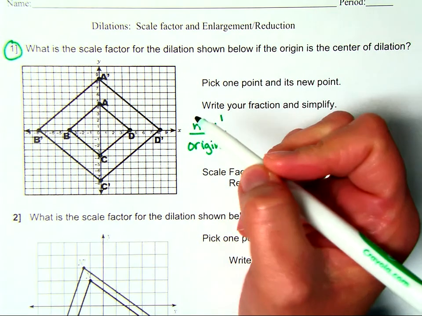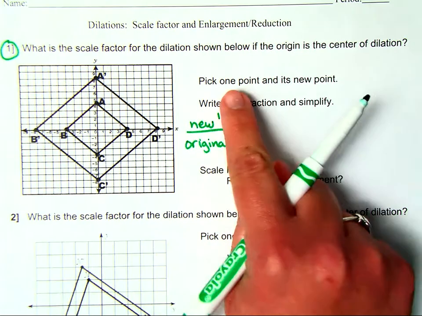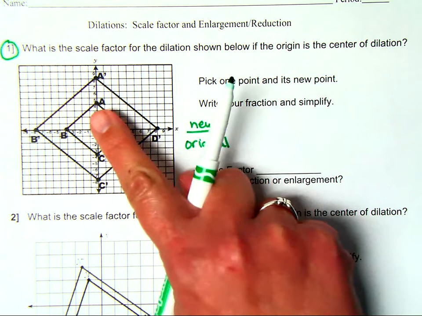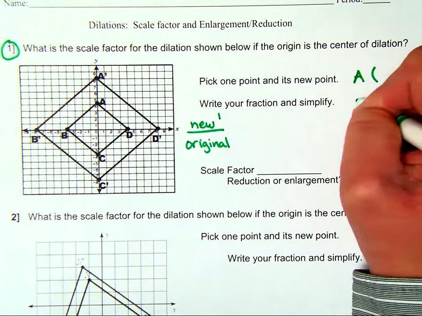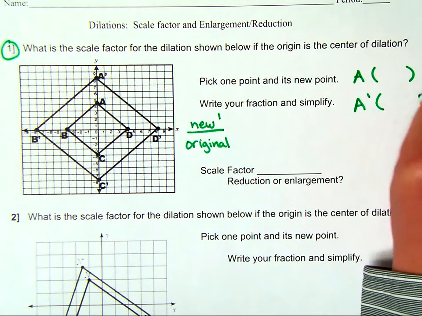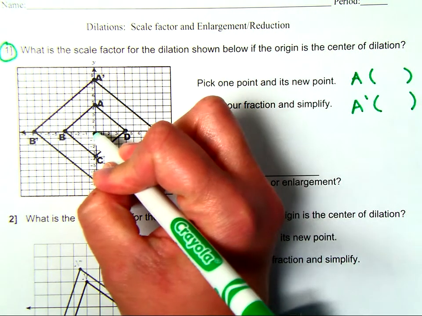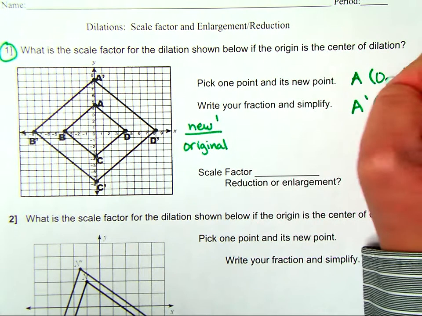So really and truly, you're going to pick any one of these points. So one ordered pair, essentially. So I'm just going to look at A. I'm going to get my ordered pair, and I'm going to compare it to its new image. So I'm going to show you how we're going to write this fraction. So X and then Y. So X is 0 and Y is 4.